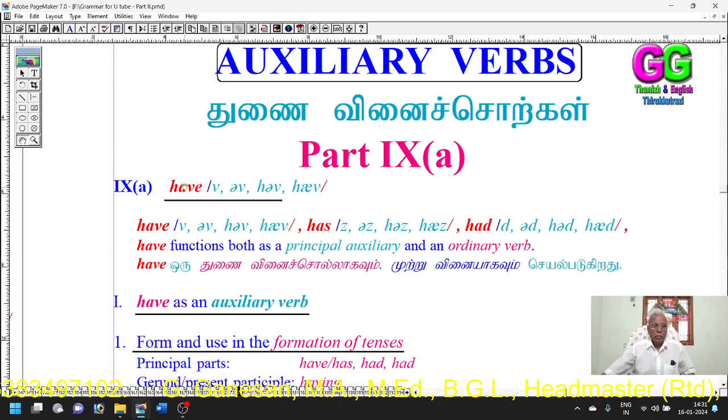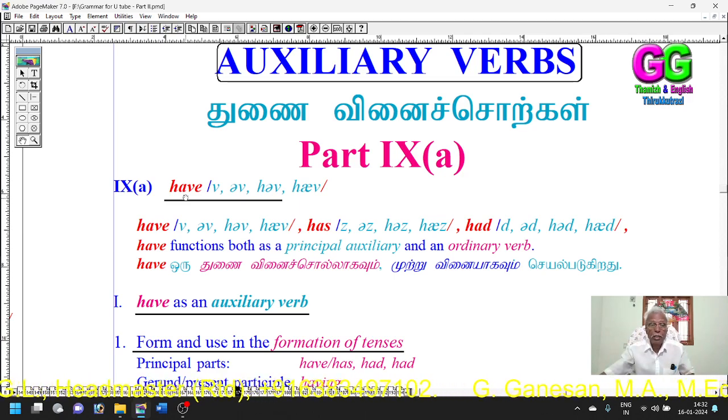See, the word HAVE has four kinds of pronunciations: have, have, have. When I say the verb have, it functions both as an auxiliary verb and as an ordinary verb.